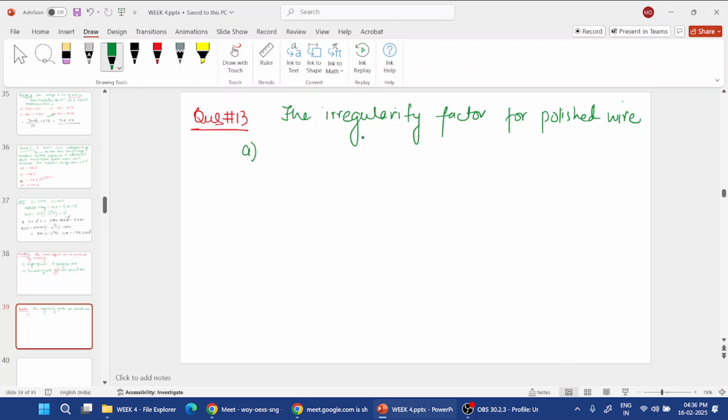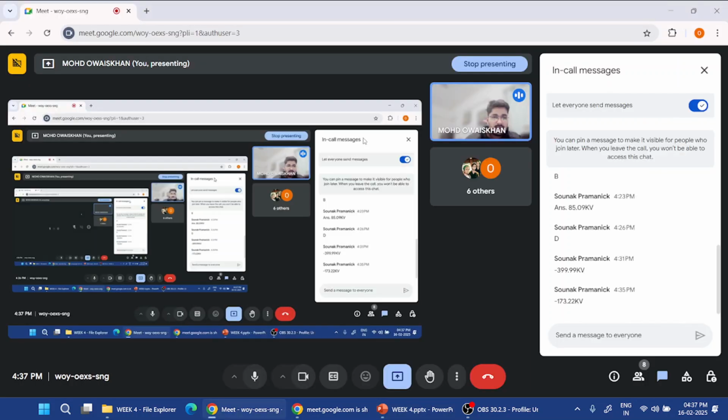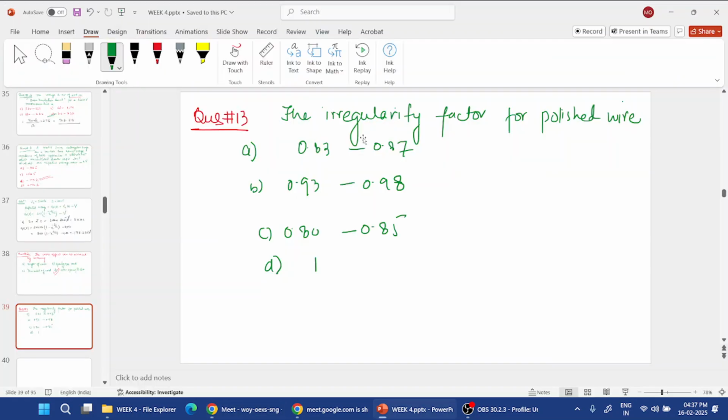We should know. There are options: A 0.83 to 0.87, B 0.93 to 0.98, C 0.80 to 0.85, and D 1. So what is the correct answer? Please give it in the chat box.